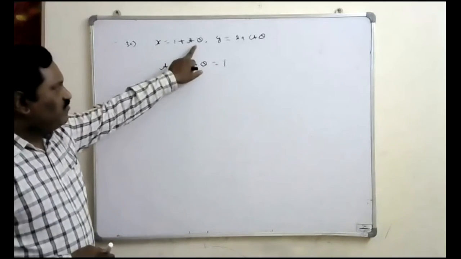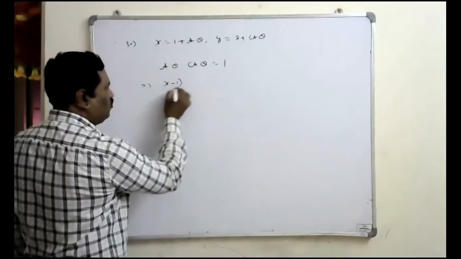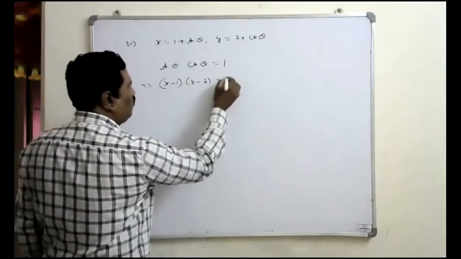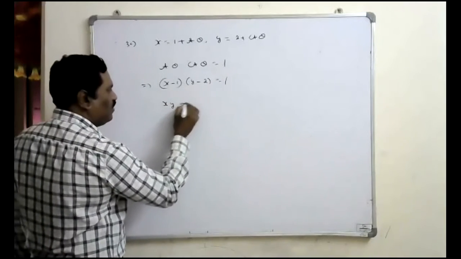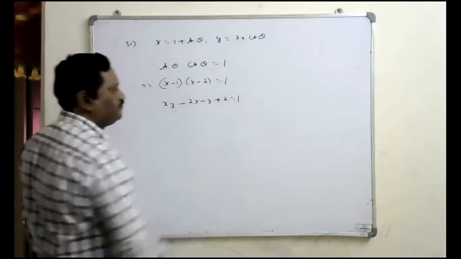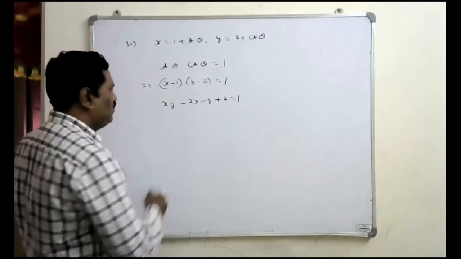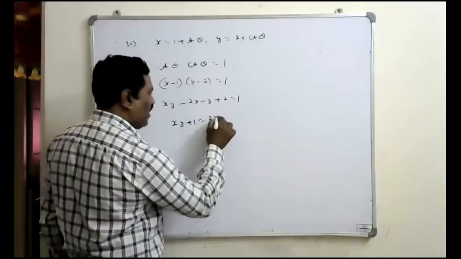So from this, the value of tan theta is x minus 1 and cot theta is y minus 2, and their product is equal to 1. So multiply: xy minus 2x minus y plus 2 is equal to 1. Now bring this 1 to this side. So 2 minus 1 is 1. Therefore, it is xy plus 1 is equal to 2x plus y.